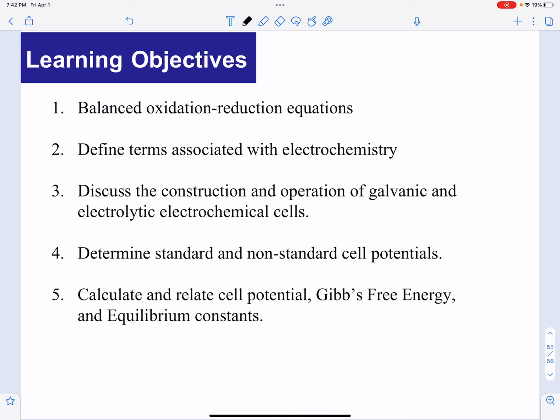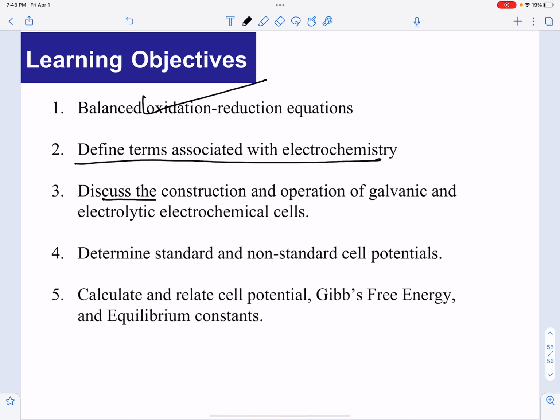Which brings us to the end of this chapter, where we first had a review on how to keep track of the oxidation numbers, something you learned in General Chemistry 1. Then we used those skills to balance in acidic and basic environments. Super important, as you saw, we have to use that at the end of the chapter. We learned a lot of terms about electrochemistry, like anode, cathode, reduction, oxidation, salt bridge, electron potential, reduction potentials, and all that.